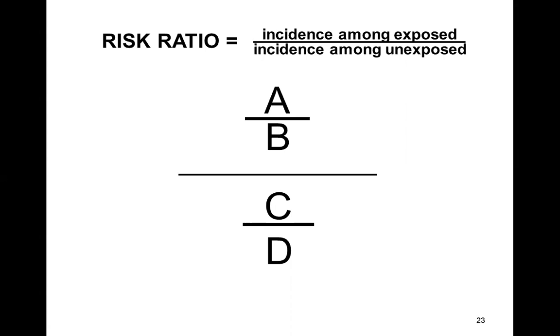Incidence, and we'll talk about incidence versus prevalence later on, is new cases. So when we do a risk ratio, we're comparing those who were exposed and have the condition divided by those who were exposed but don't have the condition, and then everything divided by the unexposed with the condition and those who don't have it. That's how you calculate a risk ratio.